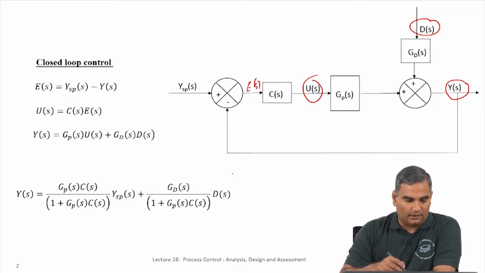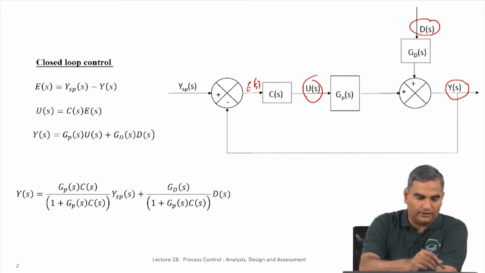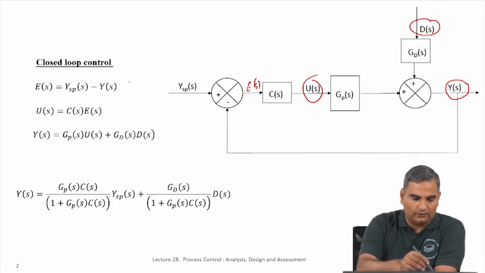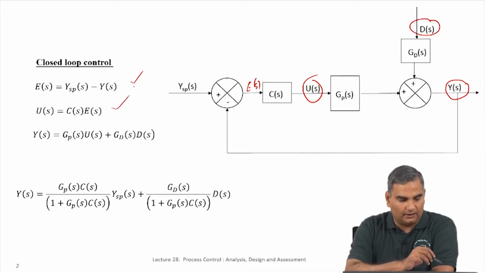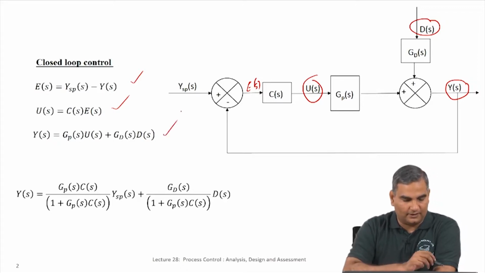And we actually saw that for this closed loop, you can do simple algebraic manipulation by just writing down the equations. Here u of s is c of s times e of s, where e of s is y set point minus y. So, that is one equation, and y of s is simply Gd(s) d(s) plus Gp(s) u(s), that is the other equation.